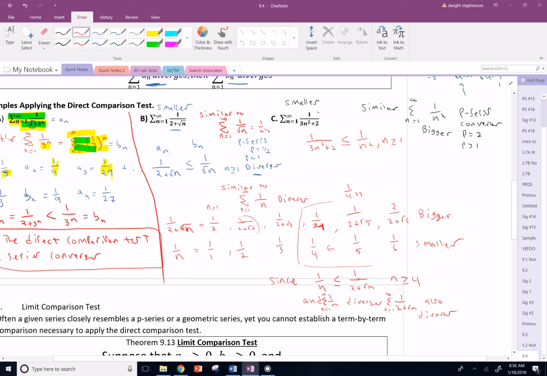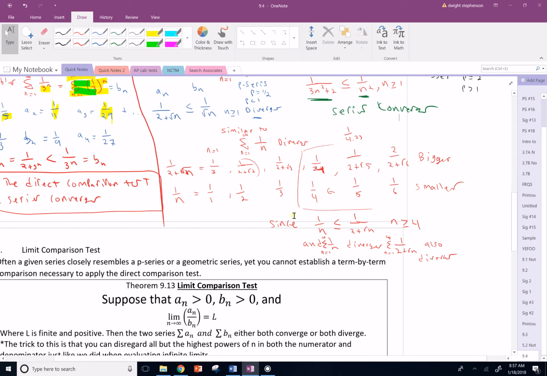So by the direct comparison test, because 1 over n squared converges and this one's smaller than it, this one also converges. So the series converges. Again, you're just trying to find something it's similar to, show that it's either smaller or bigger, and then you can say whether it converges.